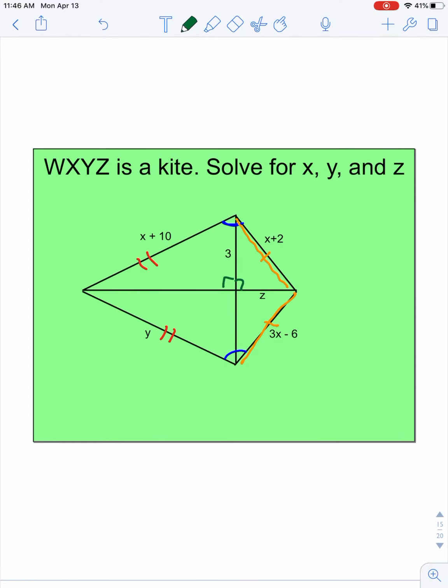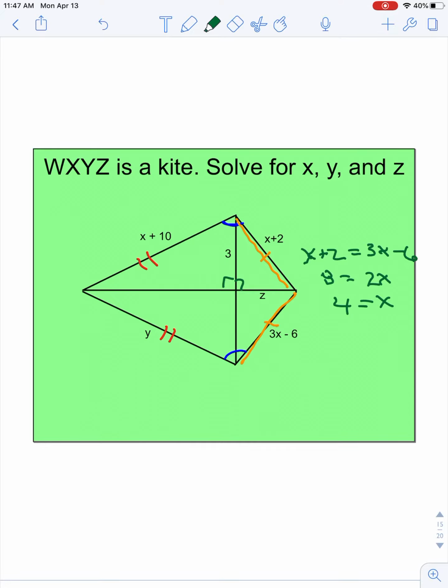Well, it's pretty obvious that we're just going to set x plus 2 equal to 3x minus 6. And if we go through the steps of solving, it's a pretty simple solve because we end up with 8 is equal to 2x, or x equals 4. So there's one of the things we found.